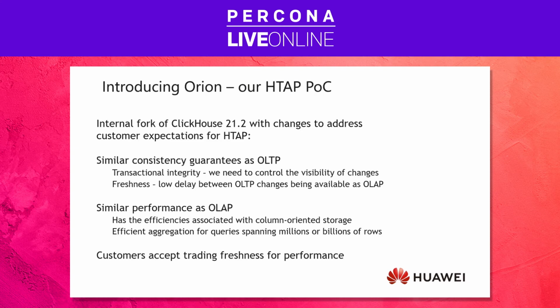So we took ClickHouse 21.2 and we made a bunch of changes to it. First of all, we added some transactional consistency. So we basically control visibility of changes so that you don't see rows that are part of a transaction that has not been committed yet.